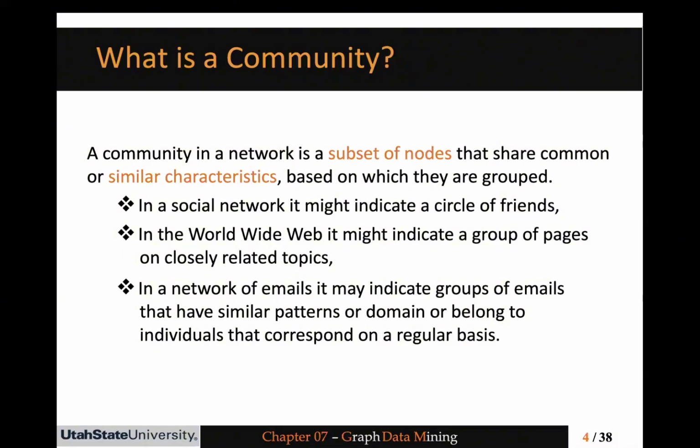In email, we might have different email communities, and that might be the organization. So our email domain within USU forms one community, and we do have some external emails as well, which form the edges that link us with the external communities.